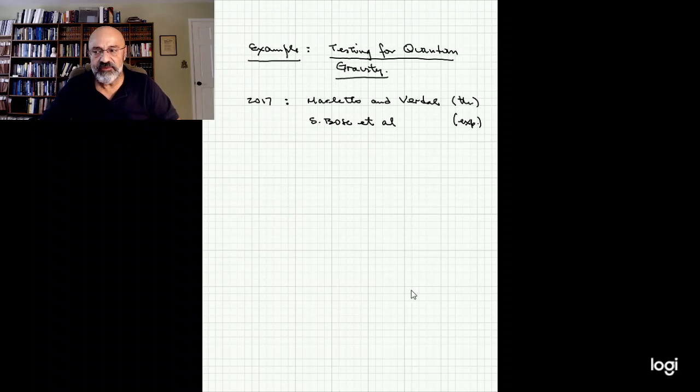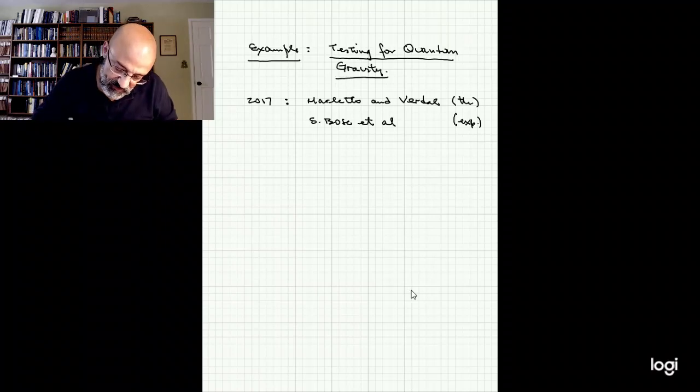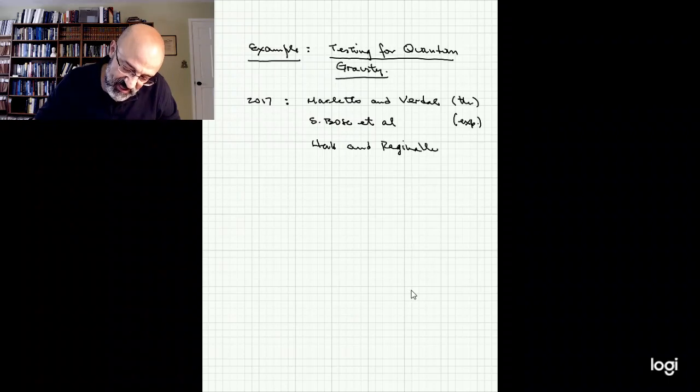If you want to study quantum gravity, a little bit more background. And then some other guys, Michael Hall and Marcel Reginatto, suggested that maybe these guys are wrong, and that these guys are also theorists.